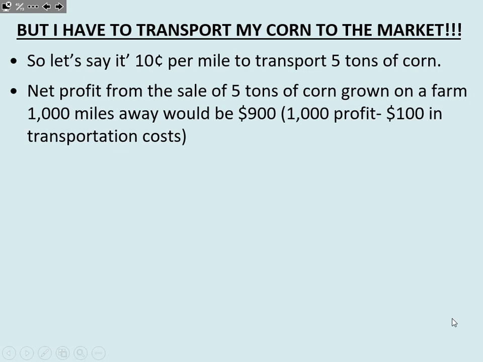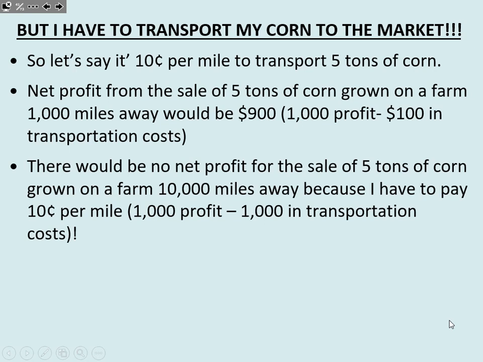The net profit from the sale of 5 tons of corn grown on a farm 1,000 miles away would be $900, because I take my $1,000 profit but subtract $100 in transportation costs at 10 cents a mile on 1,000 miles. So 1,000 minus 100 gives me 900, right?